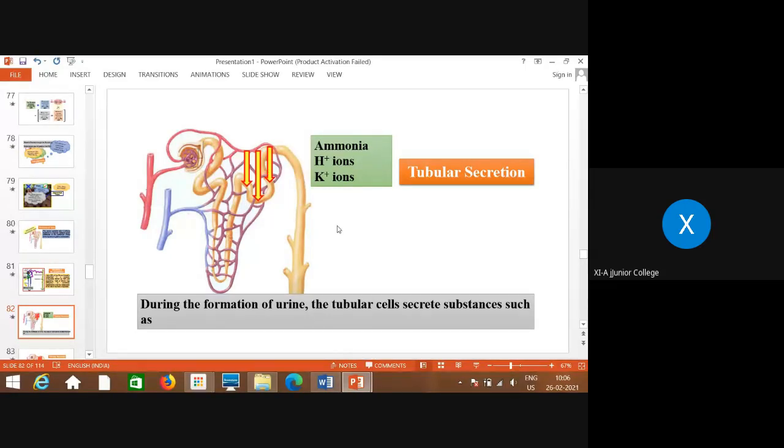So during this process of tubular secretion, what happens? Ammonia, hydrogen ions, potassium ions are secreted by the surrounding blood vessels.